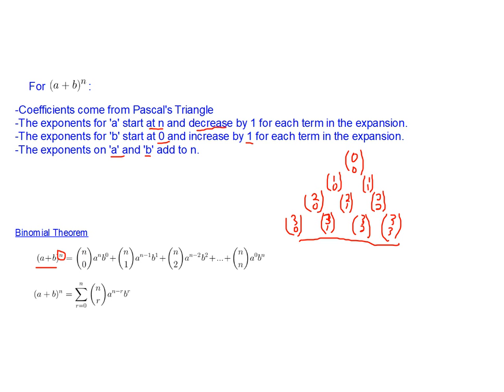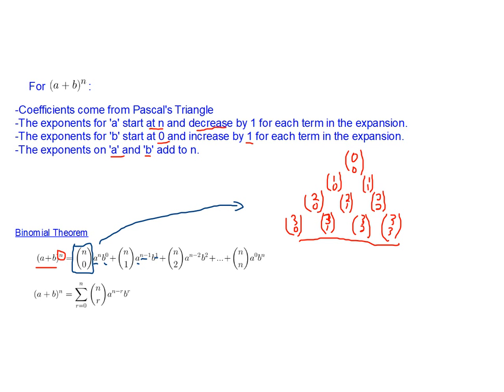This part right here we know has to come from Pascal's triangle, and that number corresponds to what we've drawn over here in Pascal's triangle. And we'll work through an example here so you can see that. The exponent on a starts at n, the exponent on b starts at 0, and then the exponent on a decreases by 1 each time, and the exponent on b increases by 1 every time.